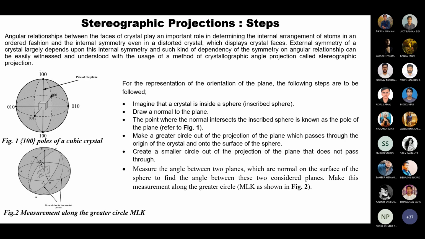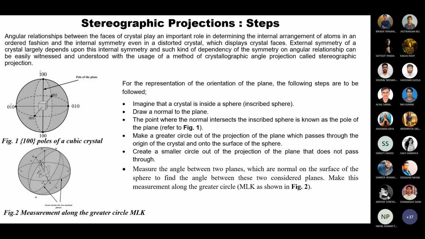That is the basic and fundamental thing which plays an important role in constructing a stereographic projection, and eventually it will represent the particular crystalline system. The external symmetry of a crystal largely depends upon its internal symmetry, and such dependency of the symmetry or angular relationship can be easily witnessed and understood with the usage of the crystallographic angle projection method called stereographic projection. That is the essence of stereographic projection.